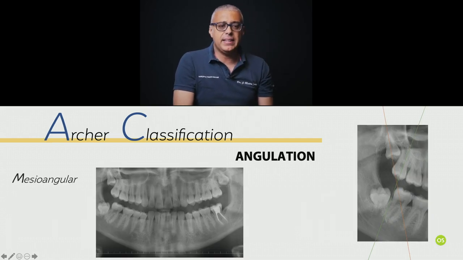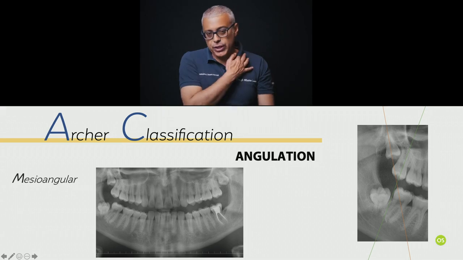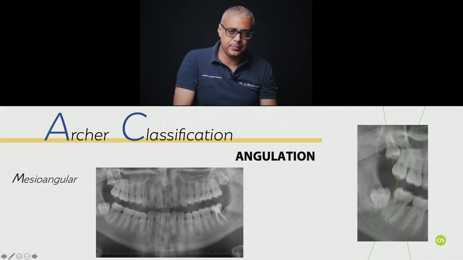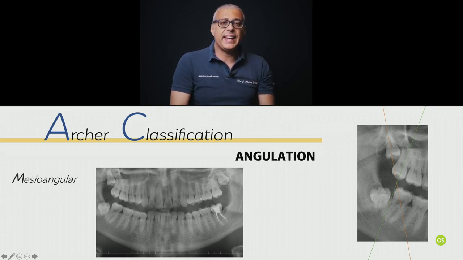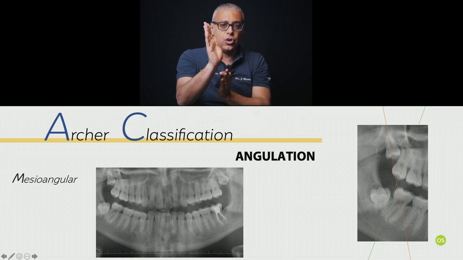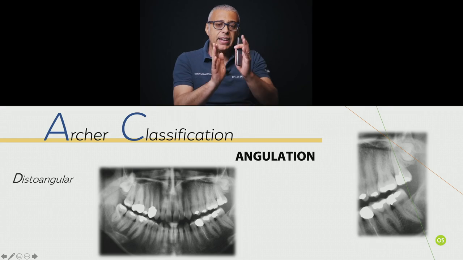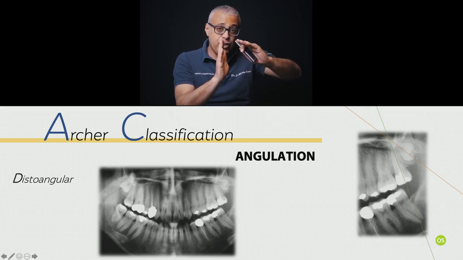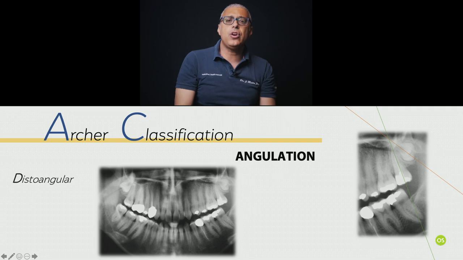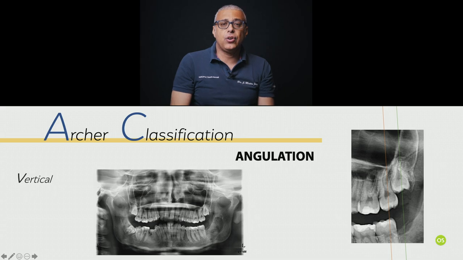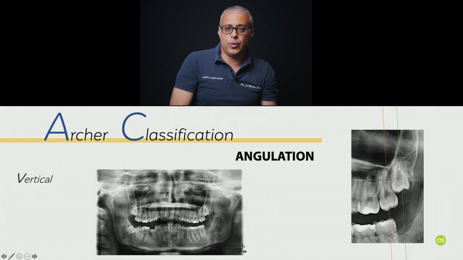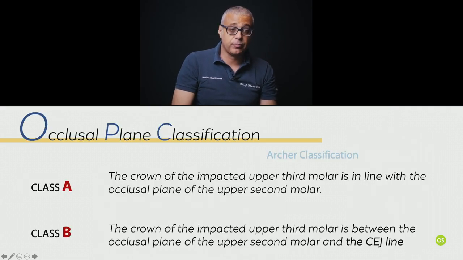If we draw a line exactly across the second upper molar, and we have an inclination towards the second molar, this is going to be a mesioangulated tooth. If we have an angulation which diverges from the second molar, then we are going to have a distoangulated tooth. The vertical is obviously something which is parallel to the second molar, and it is always a straightforward extraction.